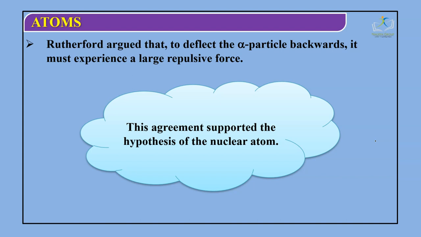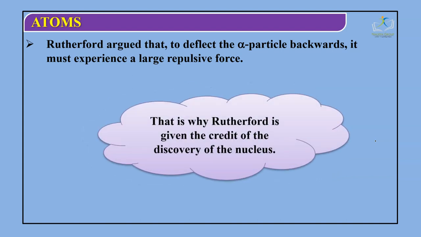This argument supports the hypothesis of a nuclear atom. That's why we say Rutherford is given credit for the discovery of the nucleus. Why Rutherford? Because the first step was taken by Rutherford, and further study was done by his student scholar, Marsden.